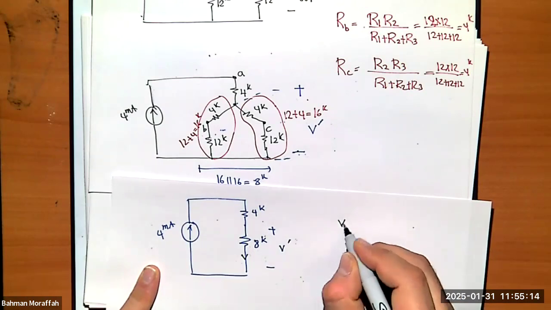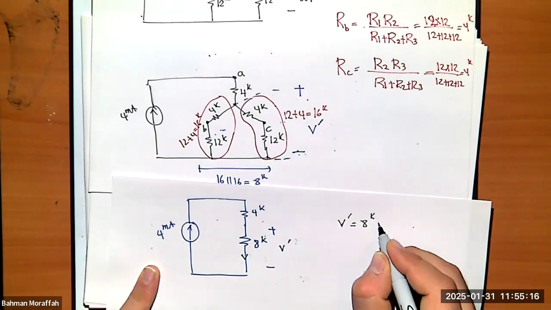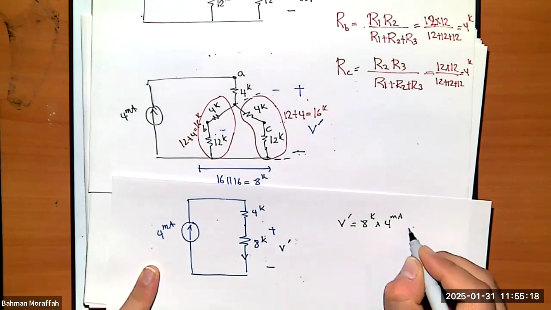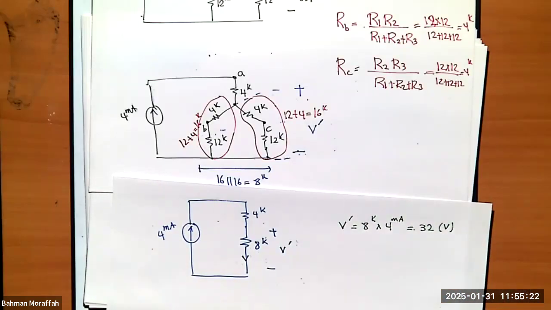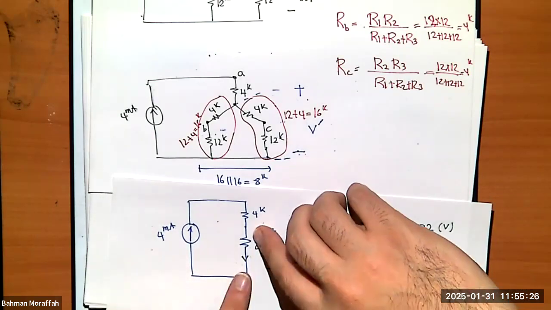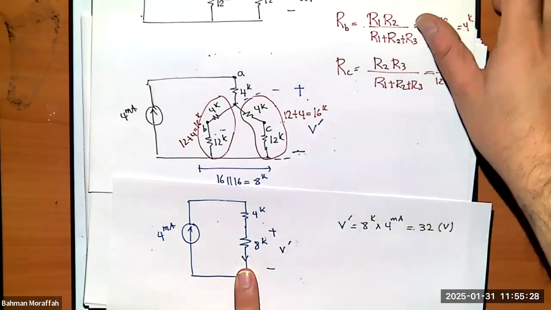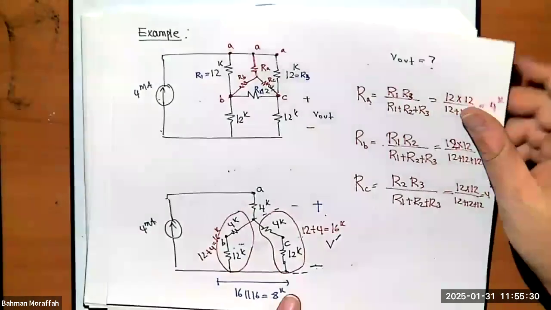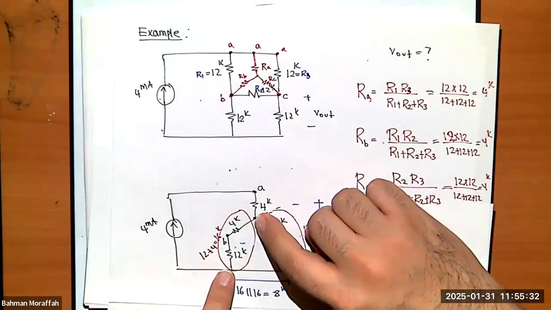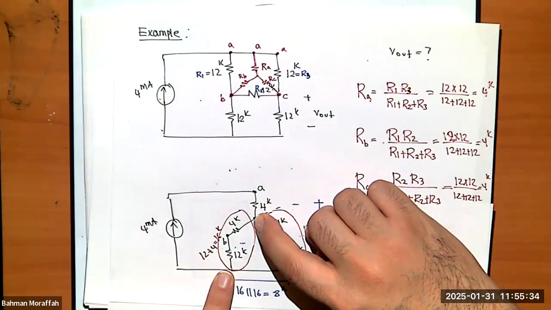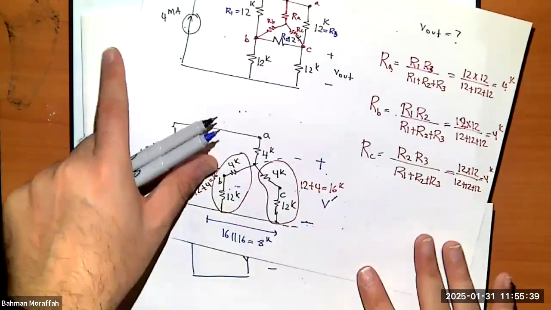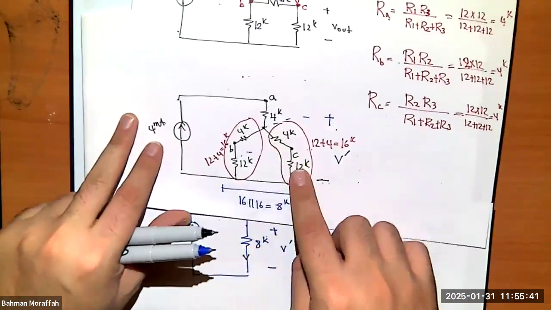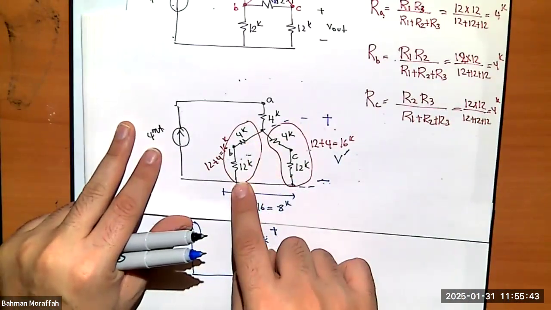Therefore, what is V prime? It's 8K times 4 milliamps, which is 32 volts. But 32 volts is the voltage across this 8. Therefore, it is the voltage across these two or these two, because they're in parallel. So whatever voltage I have for this equivalent should be across these two and these two.